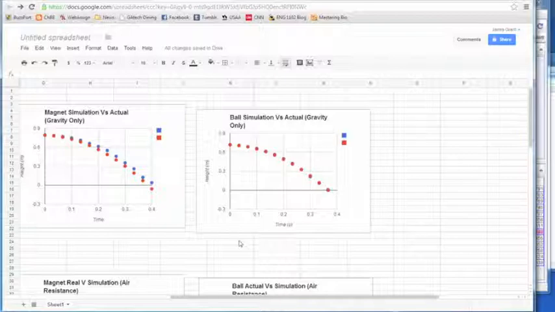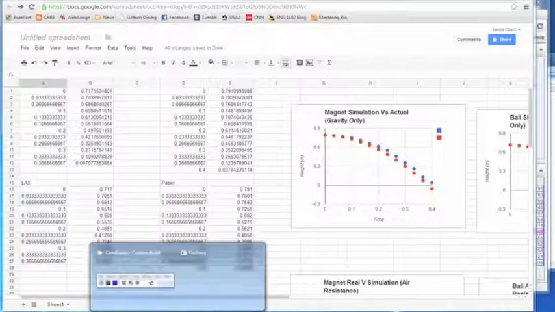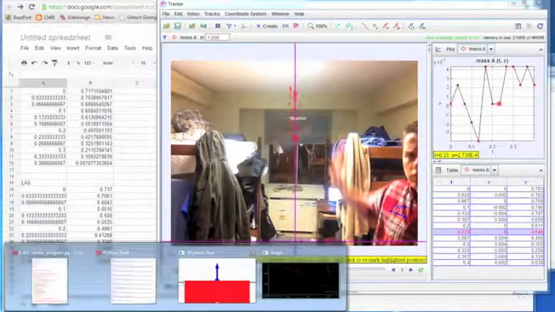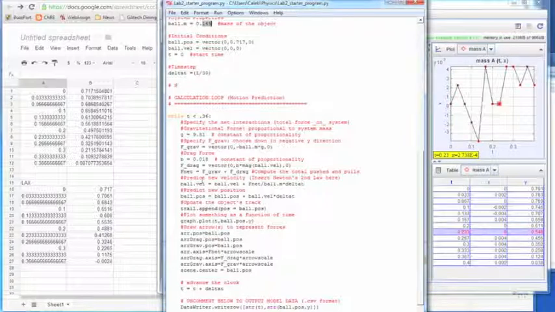It was just gravity. And with the magnet, which was flat, so you have more air resistance, you can see that the actual position of the magnet is higher than the simulated position, because the simulated position only included gravity. I went into VPython and changed the drag, with the constant of proportionality here, so that the ending positions were the same for both the model and the actual data.